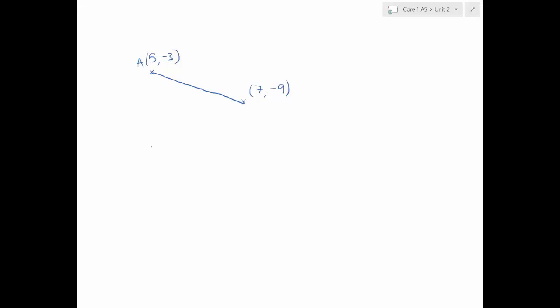Okay, so the gradient, which is m, is given by the formula y2 minus y1 over x2 minus x1. So let's have a look. Let's call this one x1 and y1 and x2 and y2. So what have we got?